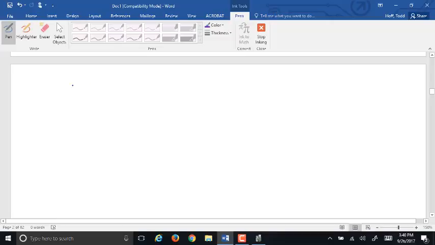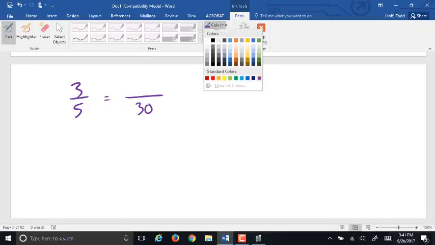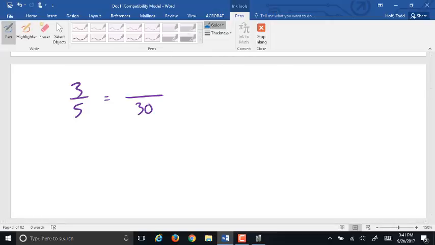Like if we have 3/5 and I'm going to convert it into 30ths, I can look at factoring those denominators. Does 5 factor? No, 5 is prime. 30, however, would factor into 2 times 3 times 5.